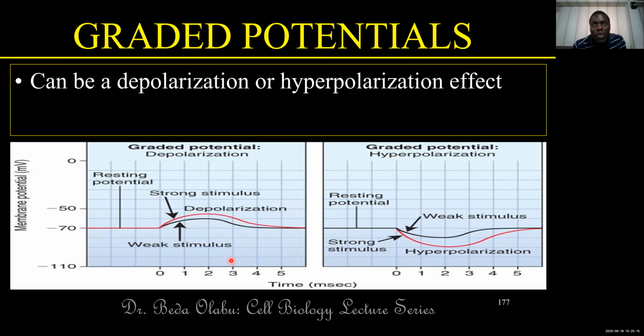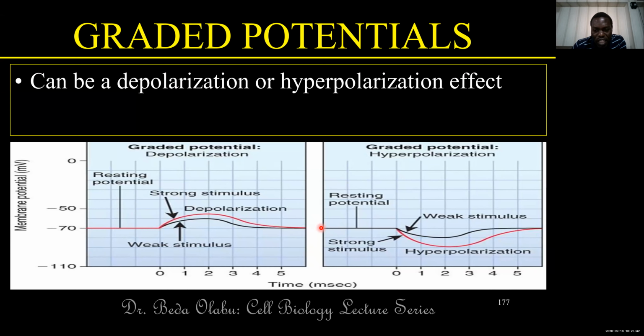It depends on where we're starting from. For example, neurons are at negative 70. If you have a stimulus that makes the cell membrane polarity go towards negative 50, it means it is trying to depolarize because it's trying to make it go towards 0. That's depolarization.